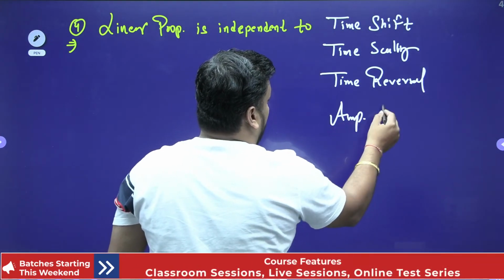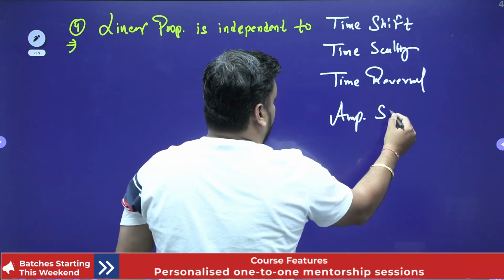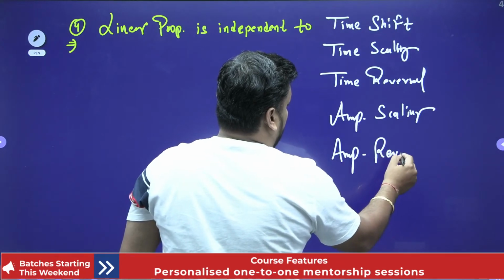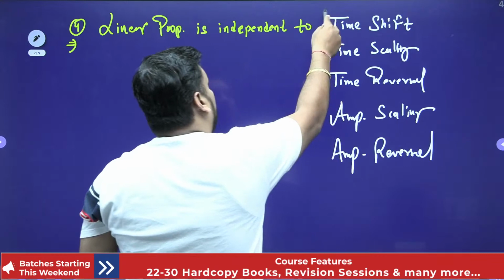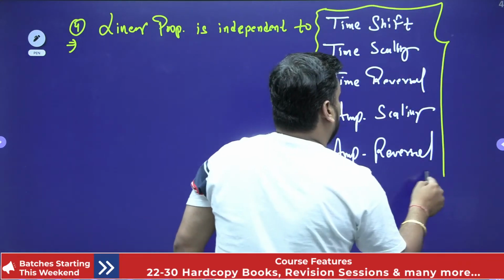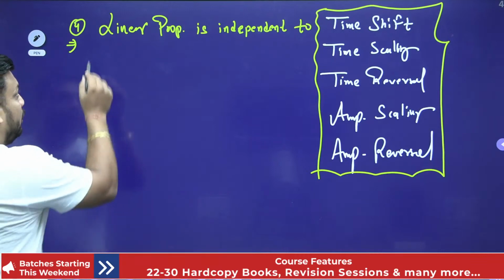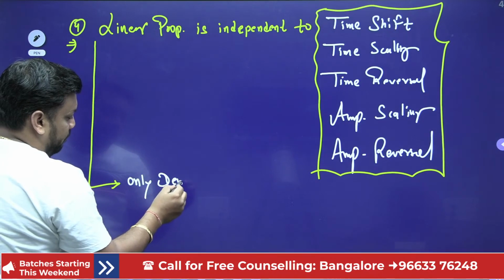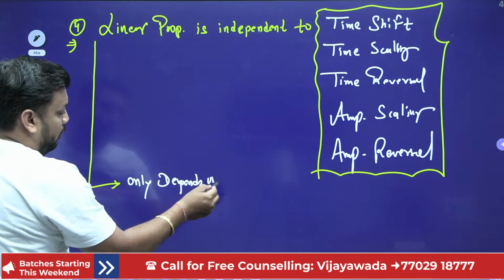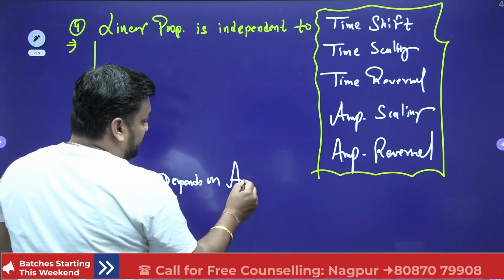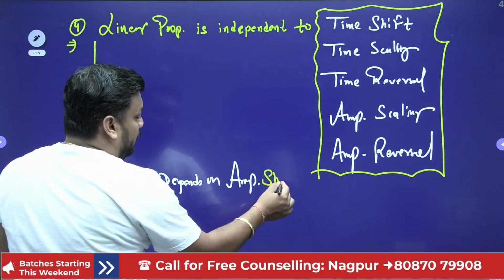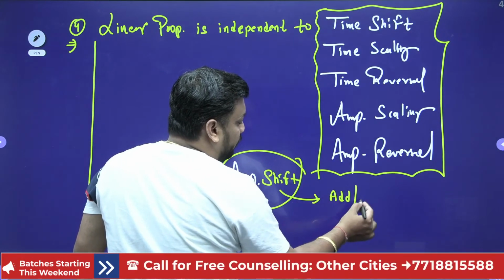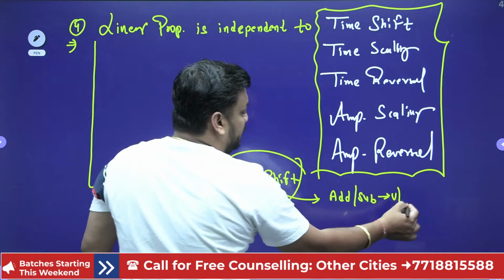Amplitude scaling, meaning multiplying by a constant is no problem. Amplitude scaling, amplitude reversal, okay. Amplitude reversal is no problem, none of the five is a problem. It only depends on... we should write only depends on time shift, amplitude shift. What is left? Only amplitude shift is left, amplitude shift itself, meaning addition or subtraction of a DC term.